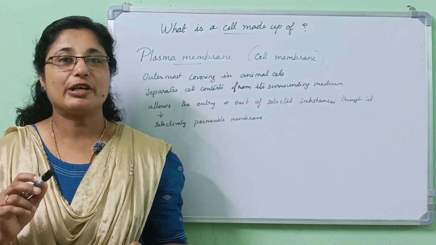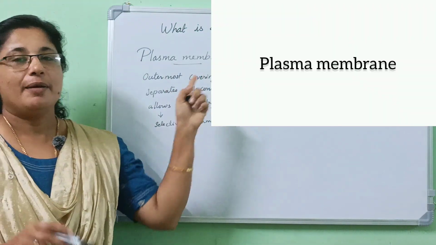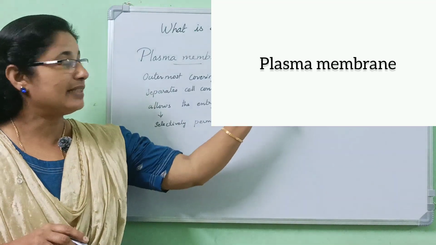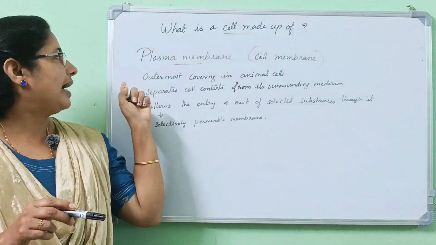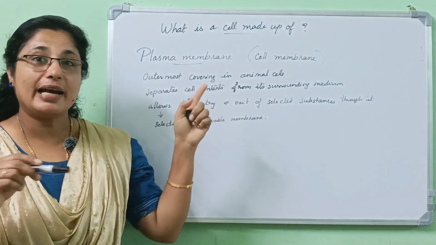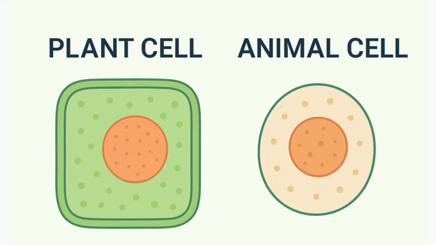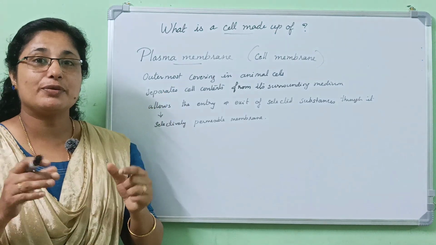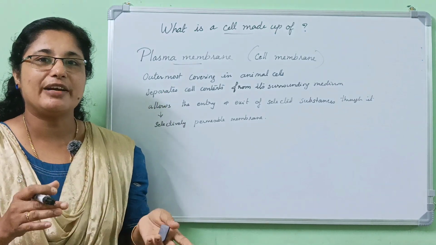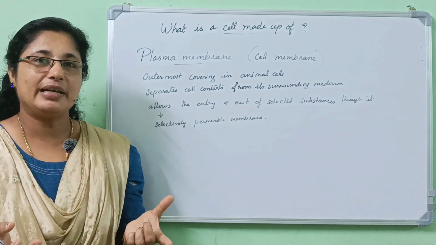Now let us check the important features of the plasma membrane. The plasma membrane is also known as the cell membrane. It is the outermost covering in animal cells, but in plant cells it is seen just inner to the cell wall. It separates the contents of the cell from its external environment or surrounding medium.